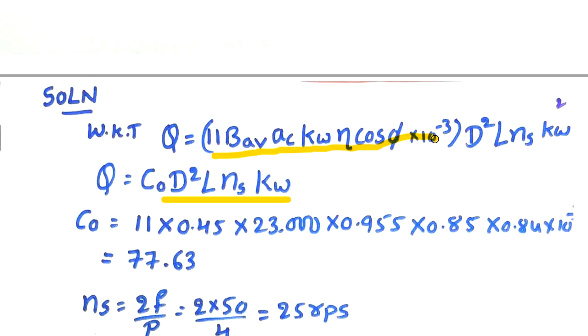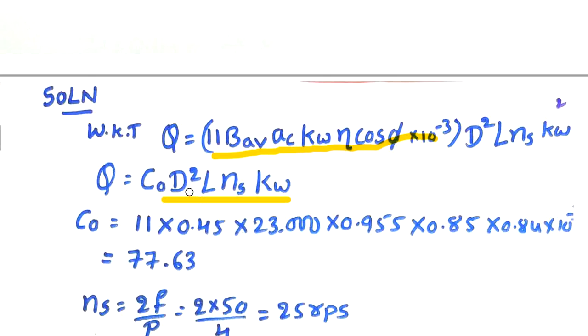In some books they don't consider the efficiency. The efficiency is considered later, and that is not a good method. So, for saving time, you just do this only: C naught equals 11 Bav into AC into kw, where kw means my winding factor, into efficiency into cos phi into 10 raised to minus 3.